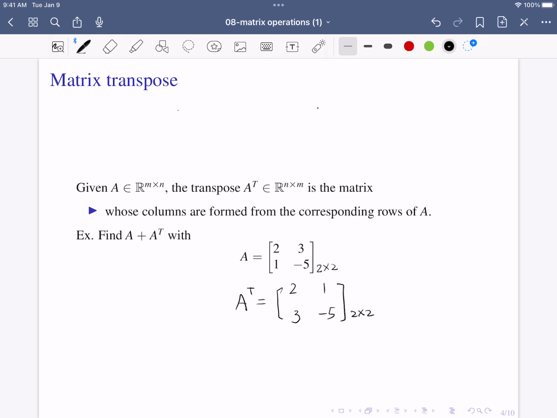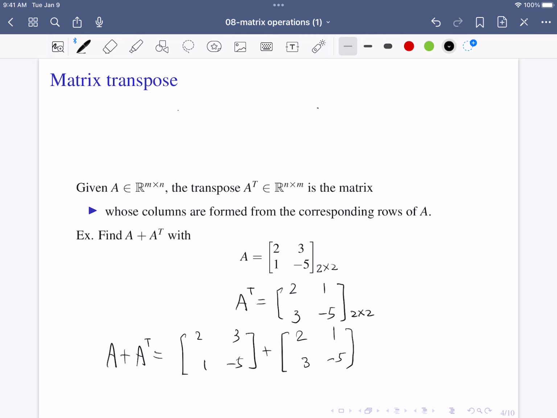Now the next question is, what is A plus A transpose? So A from here, we copy this down, 2, 3, 1, negative 5, added by A transpose, 2, 1, 3, negative 5. These two matrices are 2 by 2.